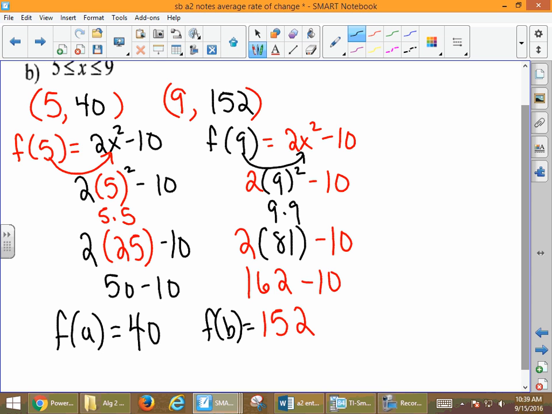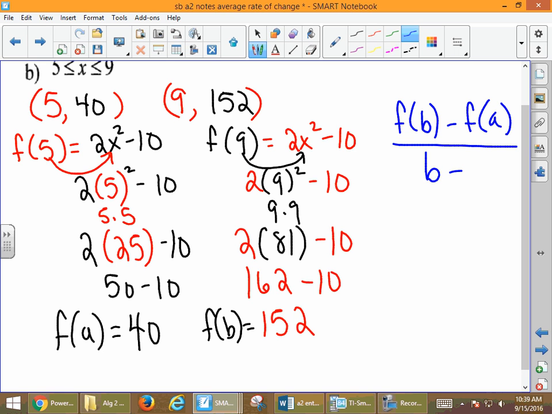And now we're going to take those values and put them back into f of b minus f of a divided by b minus a. The formula that's right there in the box above your problem, that's our change in output over the change in input. Here's a. Here's f of a. B. F of b. And fill it in.